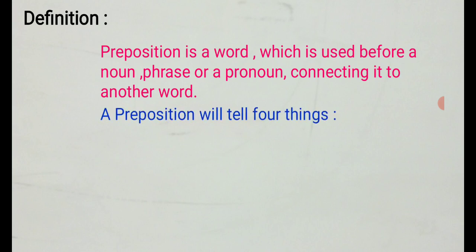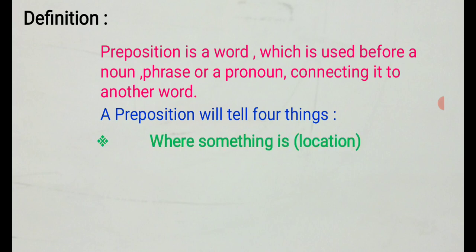Now let's see, prepositions tell us about these four things. Three are kinds of preposition, and the fourth is the very common connection of the preposition to the sentence. The first one is where something is. It means the location, the place of the object, place, thing, noun or pronoun.